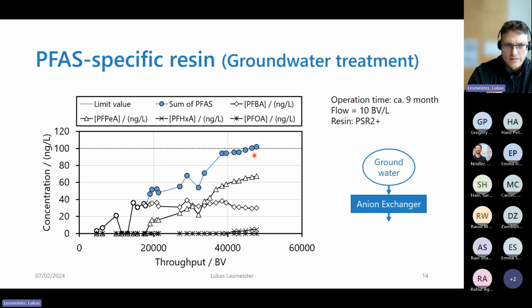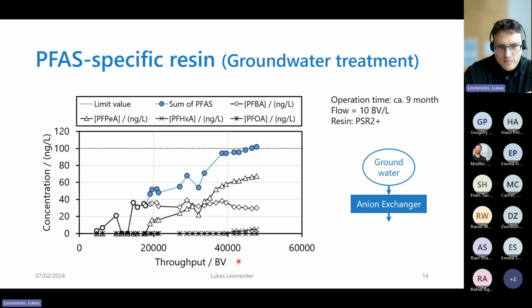And just to give you an impression, this is up to 4 times as high as the bed volumes or throughputs we can achieve with the activated carbon that is used in the waterworks at the moment.